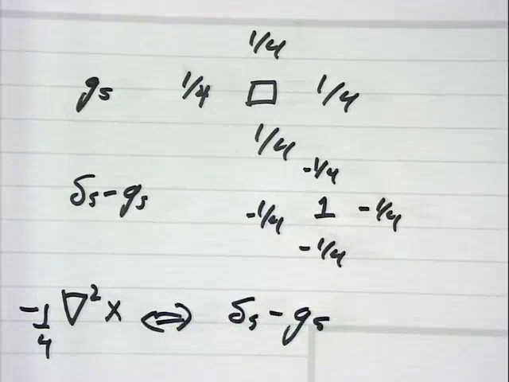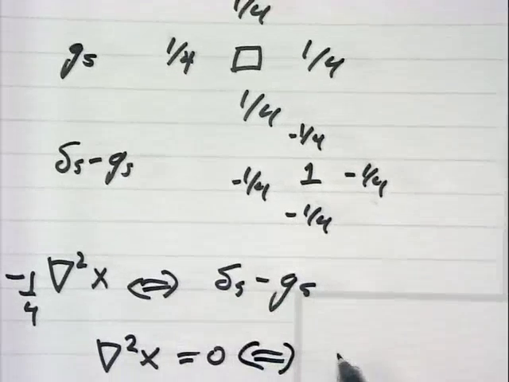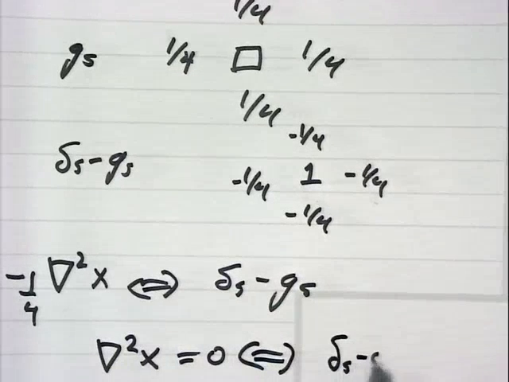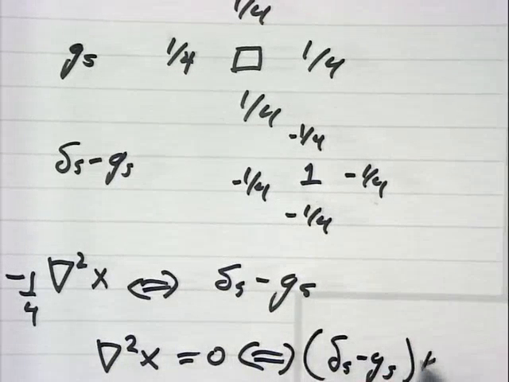So saying that the Laplacian of x equals 0 is the same as saying that convolution with this equals 0.